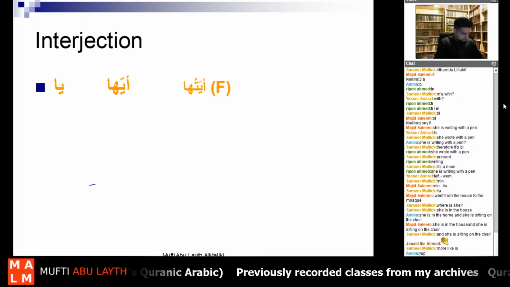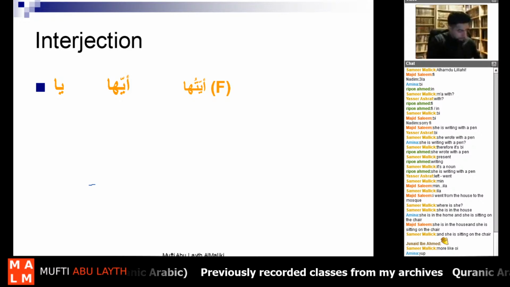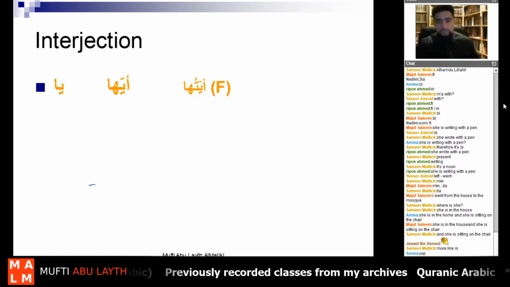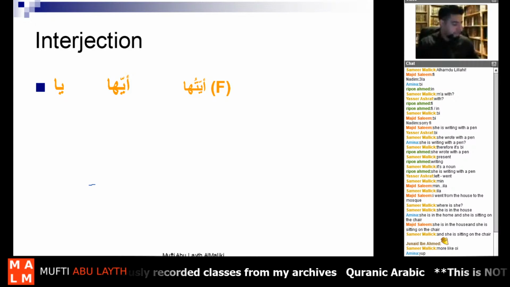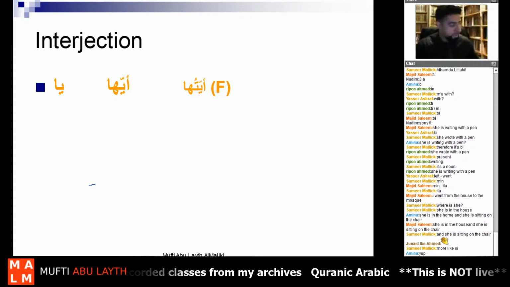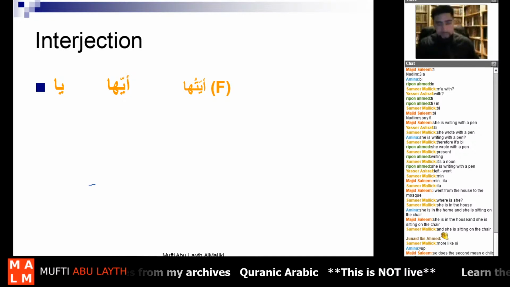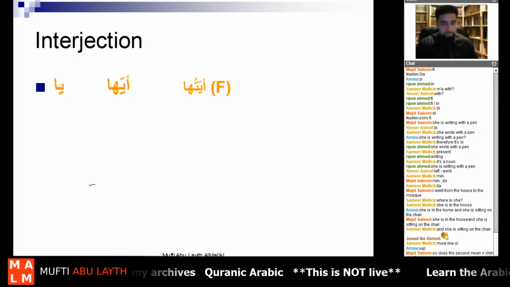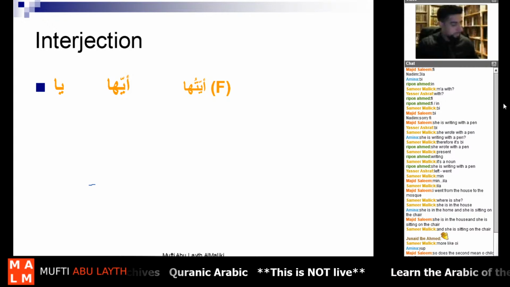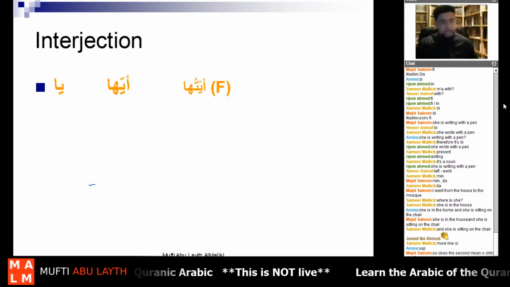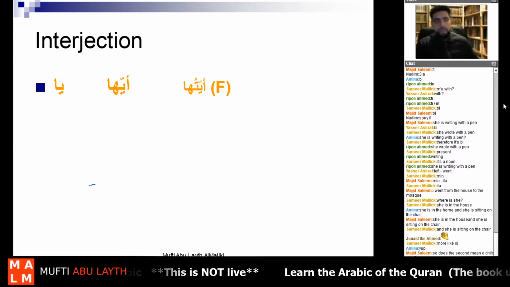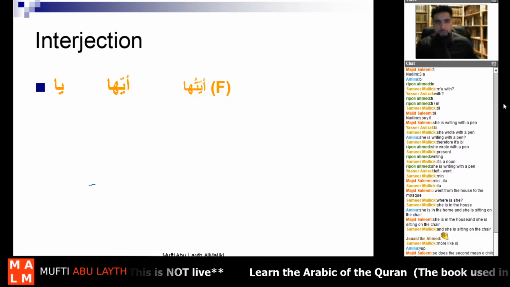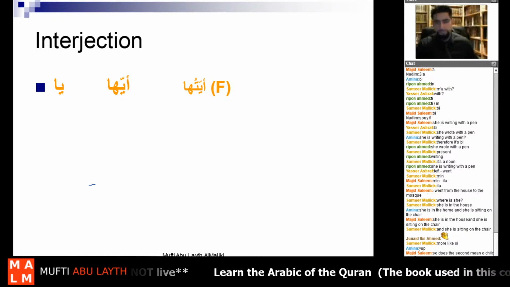It made sense. If you look at page 149 in your book, you can see that Dr. Surty has mentioned about 8 examples, like bima, with what, mimma, which I've told you, mimman, from who, fima, in what, liman, whose, min aina, from where. So mimma means from what.